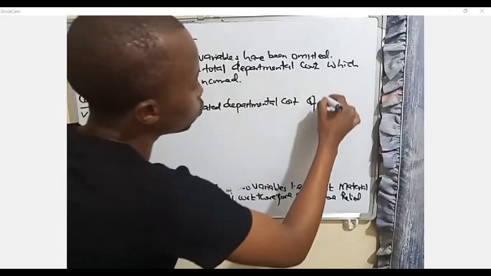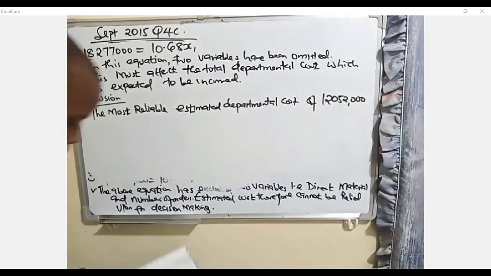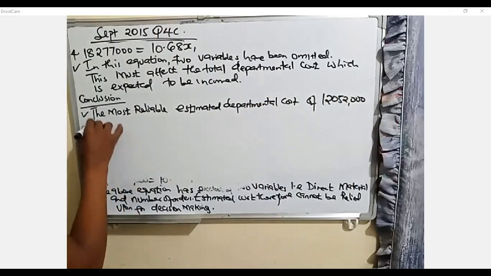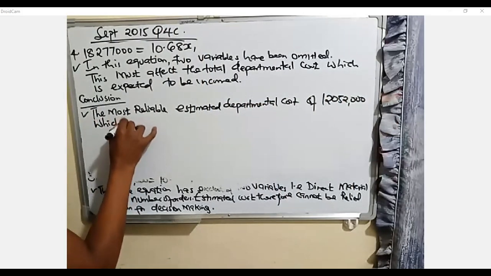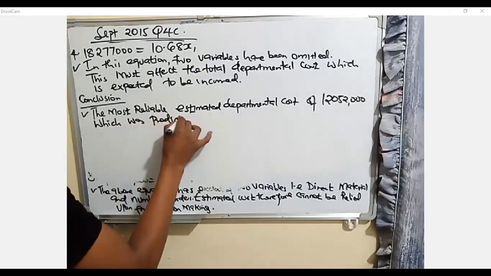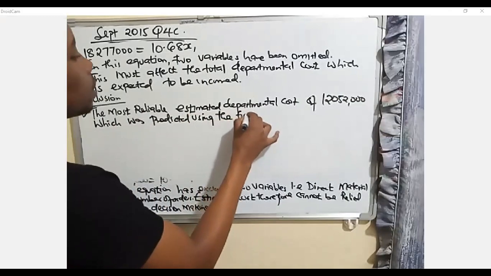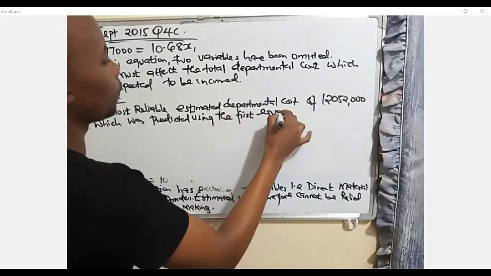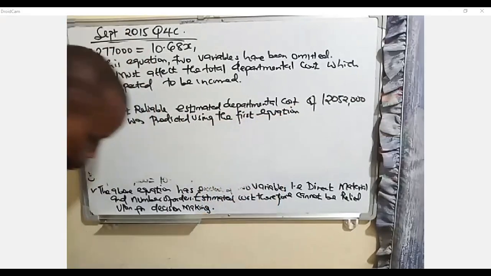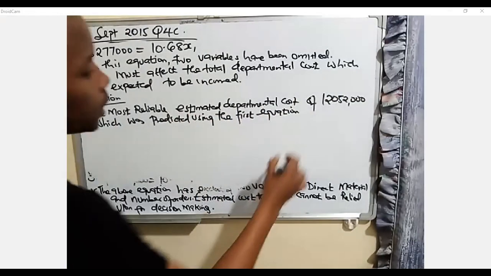The first one, which was 12,052,000, which was predicted using the first equation, is good for prediction.